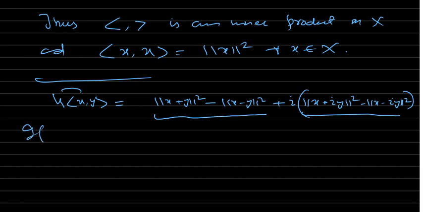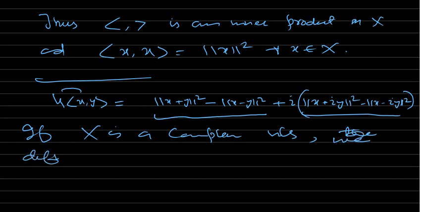So if x is a complex normed linear space, the proof is similar. The proof is we define this function by that equation.